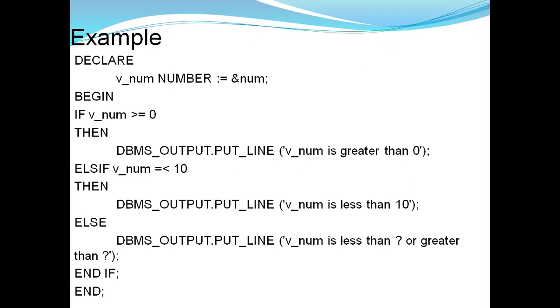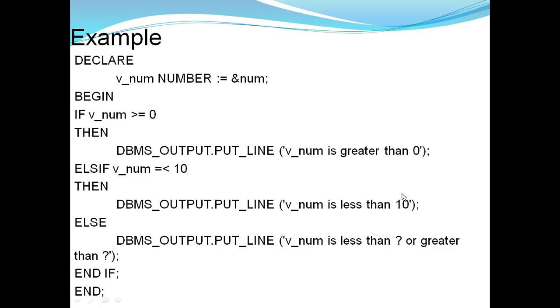Now here, let's say I am checking the condition greater than or equal to 0, and here I provide 5. So what will happen in that? Now here the conditions are not mutually exclusive. So 5 is greater than or equal to 0. Yes. Then it will display this, it's greater than 0. But 5 is less than 10 also.